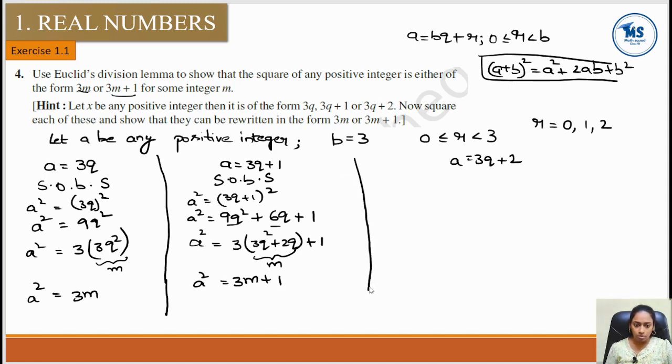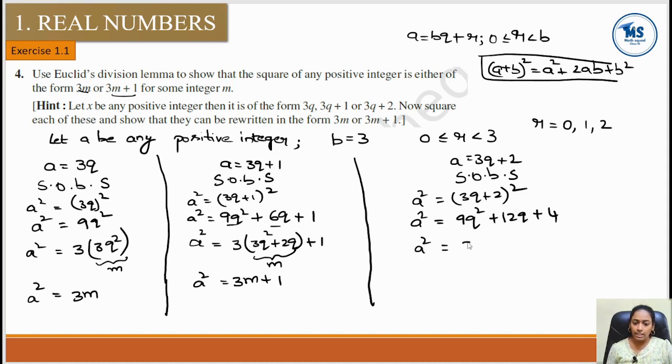Okay. Now let's do this. Squaring on both sides. a square is equal to 3q plus 2 whole square. Then a square is equal to 3q whole square, which is 9q square, plus 2 into 3q into 2, which is 12q, plus 2 square, which is 4.